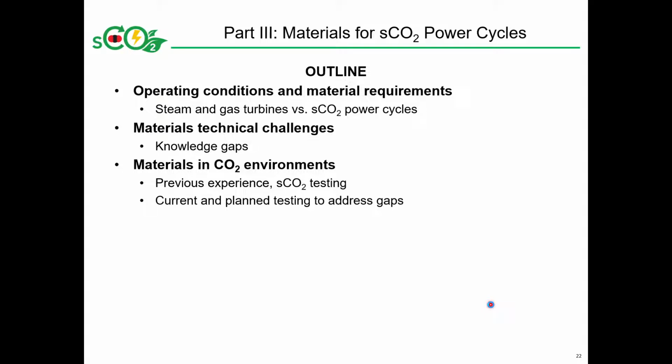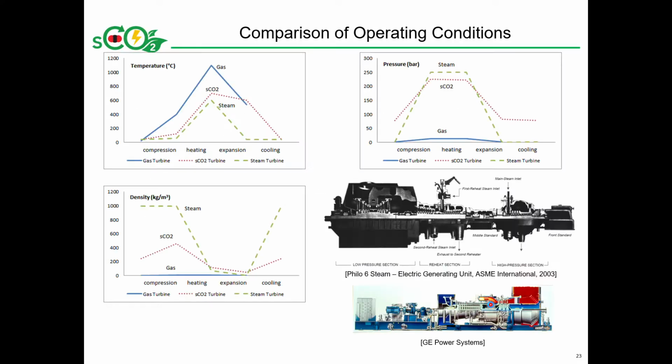And then we'll specifically start looking at the behavior of materials in CO2 and sCO2 environments, looking at previous experience, summarizing some of the sCO2 corrosion testing that's been done, and then highlight some of the current and planned testing that is underway to address the various gaps that we identify in this tutorial.